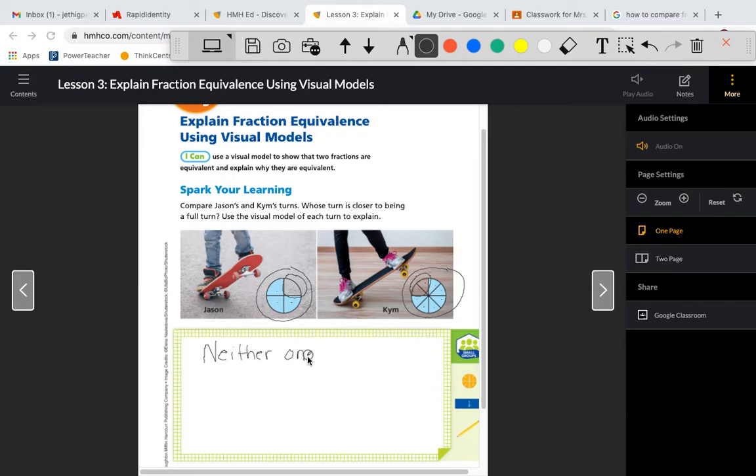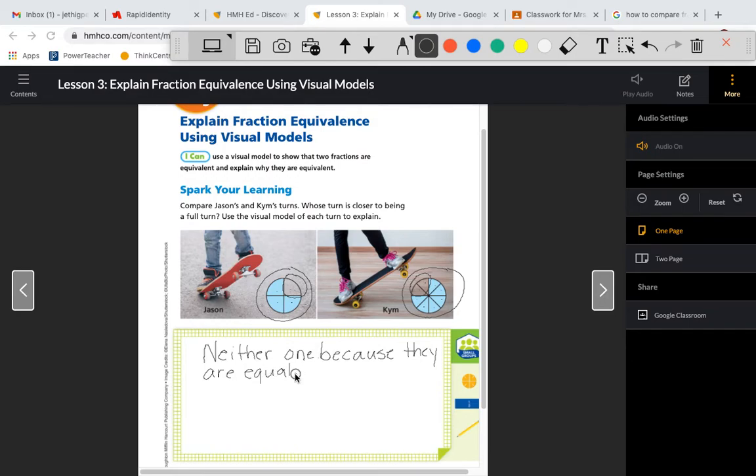Now they want us to be able to explain how we know. Well, we know neither one of them is closer because they are equal, or the same.